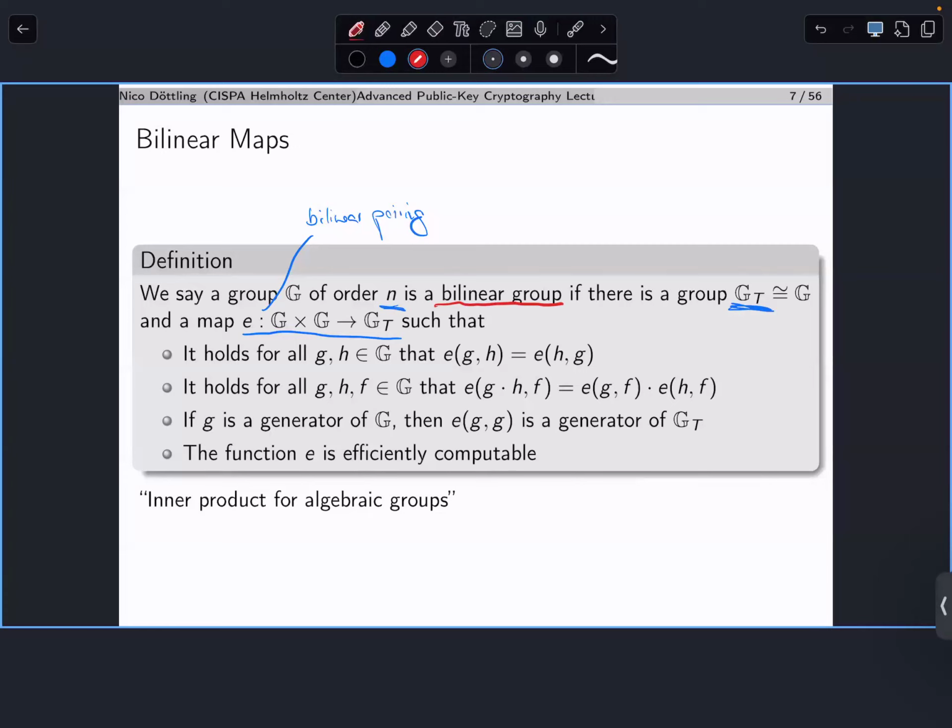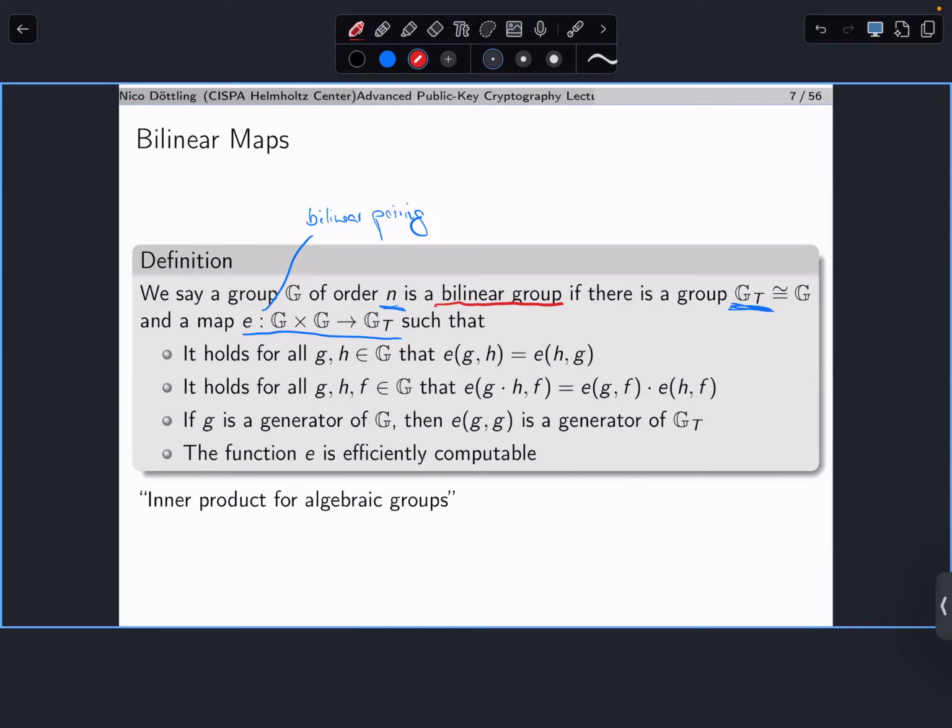And we have a map, typically called E, a bilinear pairing, such that it holds for all g and h in this group G that e(g, h) is e(h, g). So this is called symmetry. The pairing is symmetric.